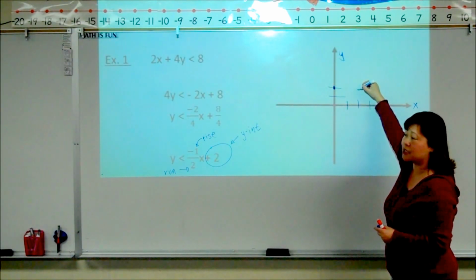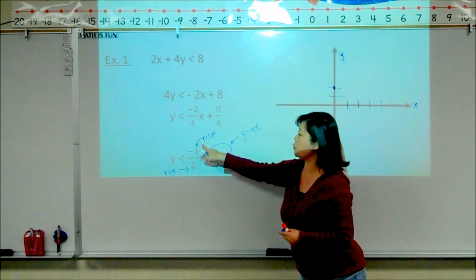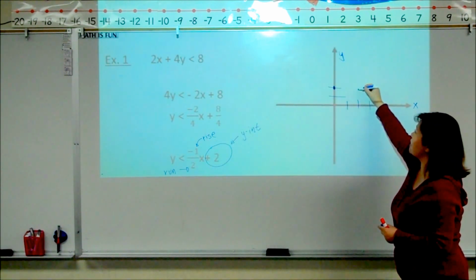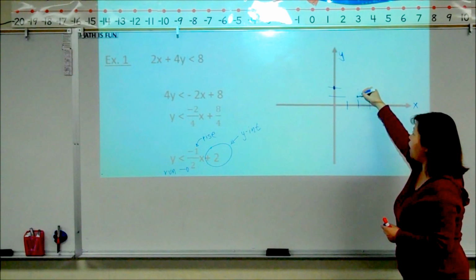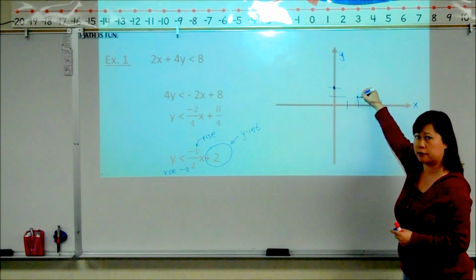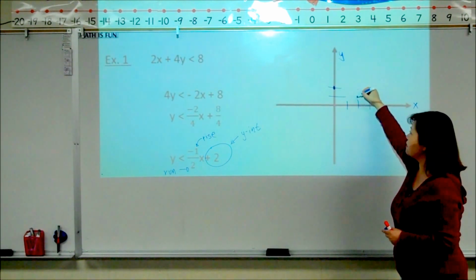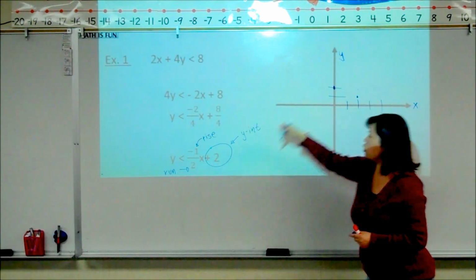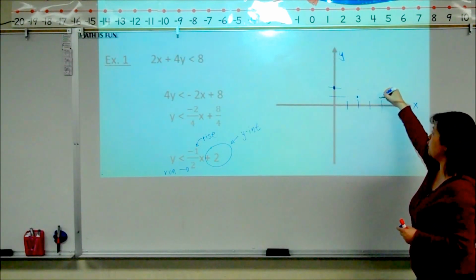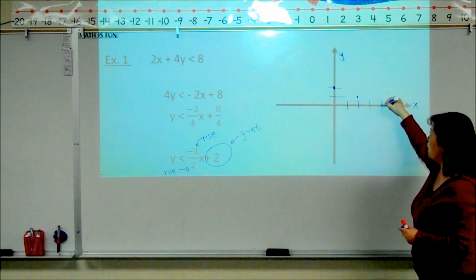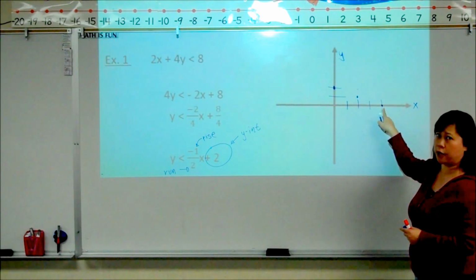I'm not done yet, because I also have to do the rise, which is negative 1. A rise of negative 1 means I'm dropping down 1, and I put a dot right there. One more time: from this dot, I'm going 2 to the right, 1, 2, and down 1, so that's the third dot right there, okay?